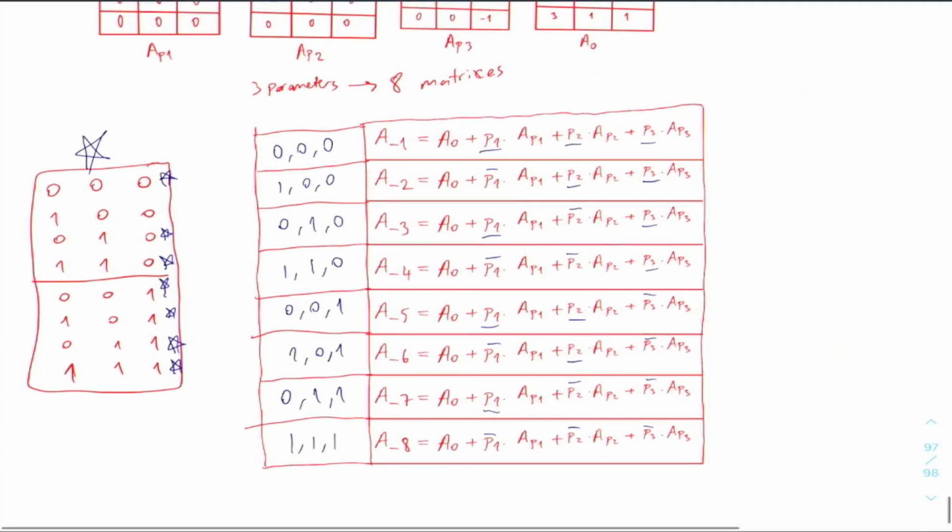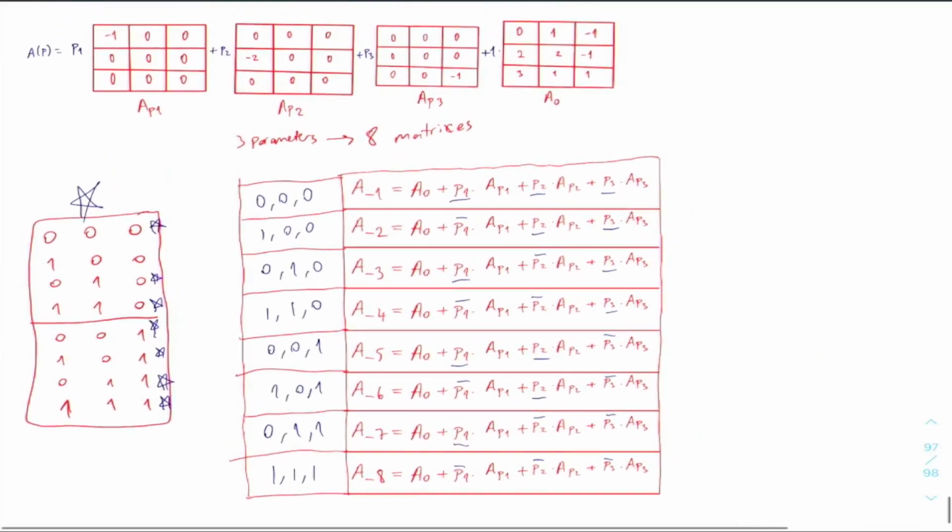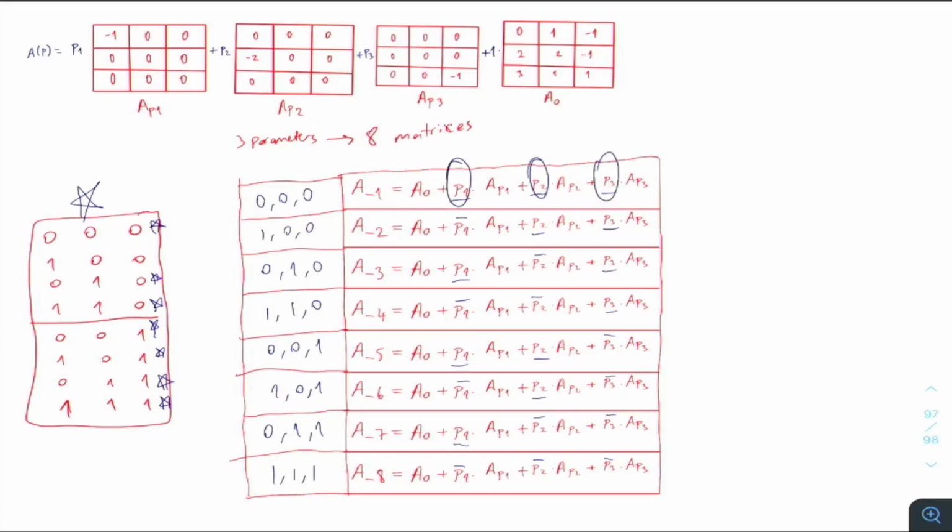At this stage we need to compute these 8 matrices. Let me remind you, we know P1, P2, P3 and their min and max values, so those 8 matrices are numerical values. We know what they are. In this stage, we need to construct those 8 matrices.